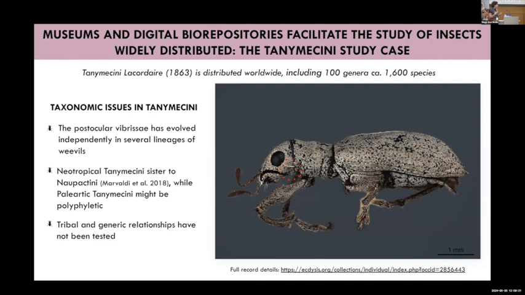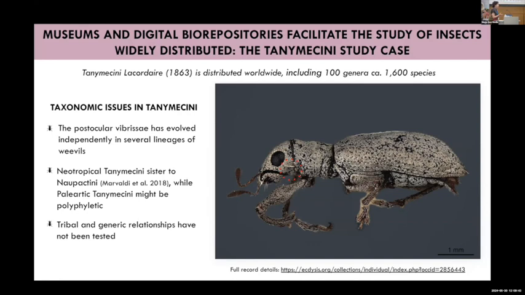So there's a lot of things that have been classified in this tribe that are not actually evolutionarily related. And we have some studies that say that the neotropical Tanymecini are related to another tribe called Naupactini, based on morphology and some molecular markers.